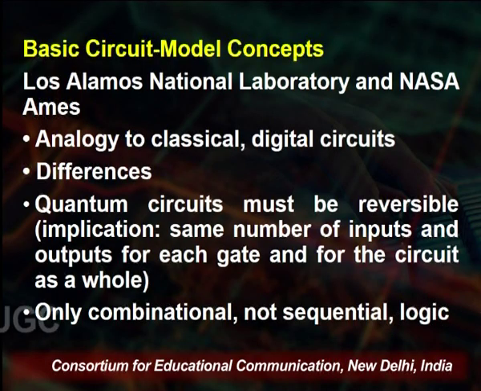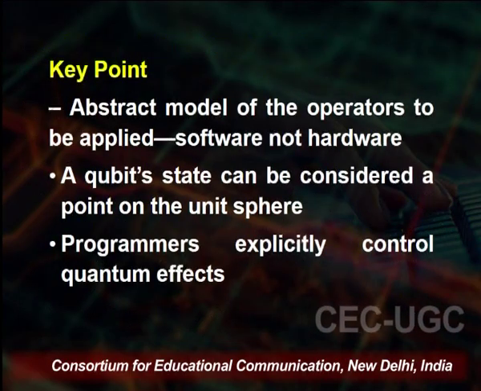If we talk about the basic circuit model concept in analogy to classical digital circuits, the difference between these two is that quantum circuits must be reversible, with the same number of inputs and outputs for each gate and for the circuit as a whole. So only computational, not sequential logic, we can take.